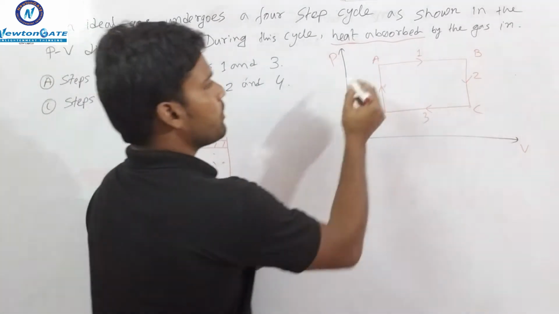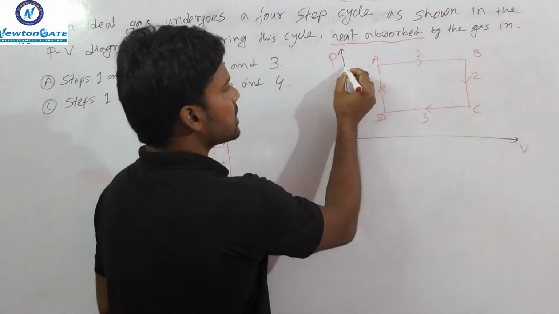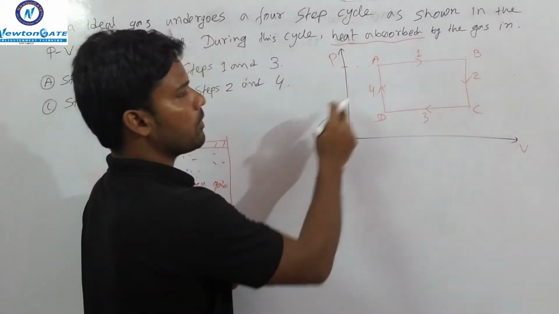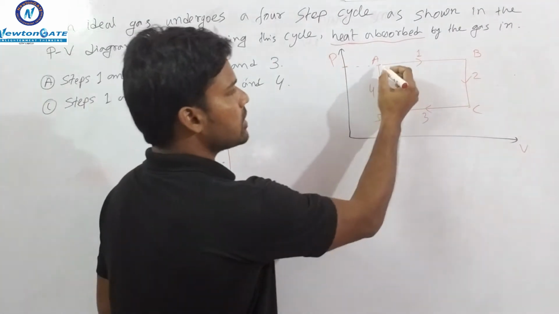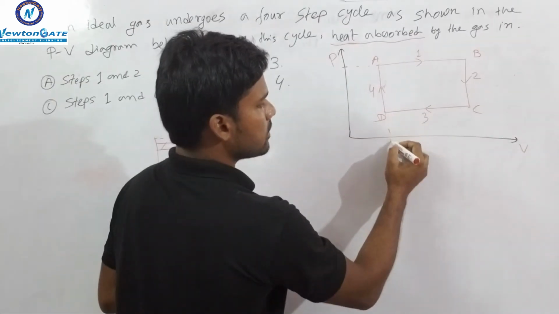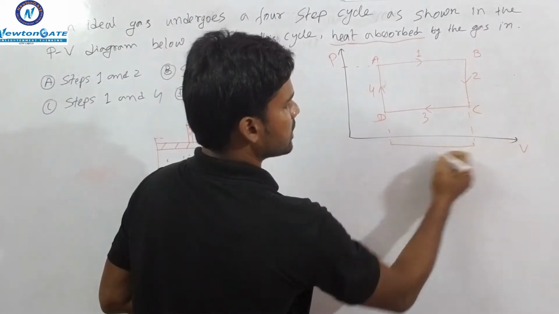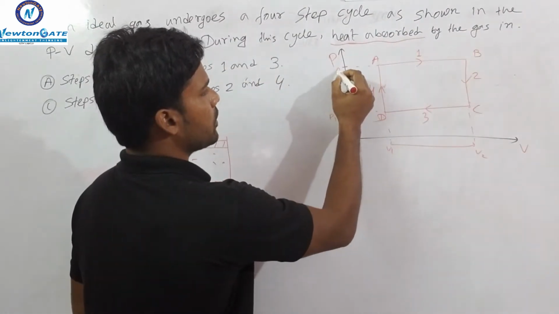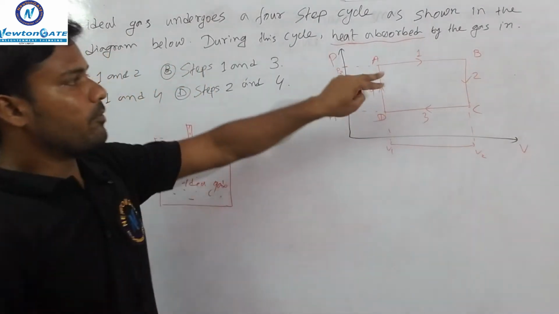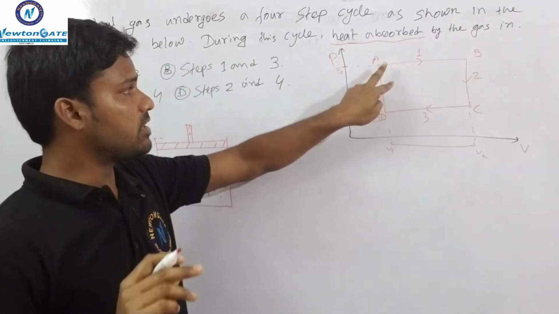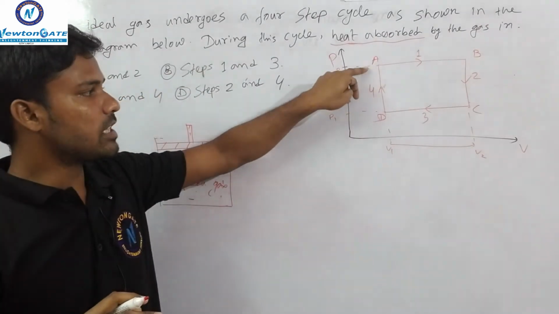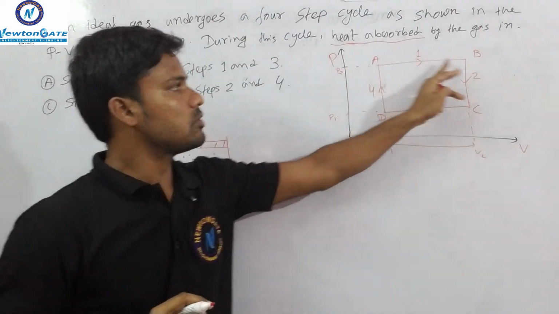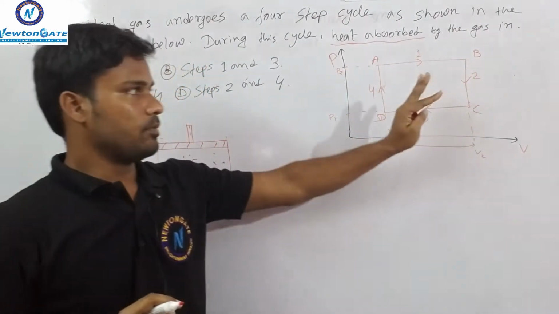In step 1, you can see the pressure is constant. In this part the pressure is constant, but the volume increases from V1 to V2, like this, and say this is P1 to P2. So for step 1 only, A to B, pressure is constant, but volume goes from V1 to V2.